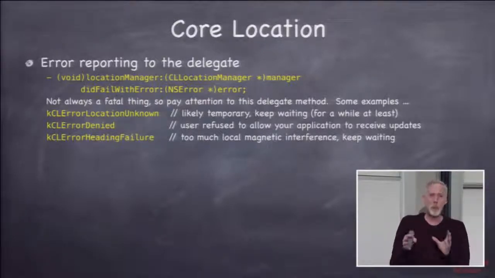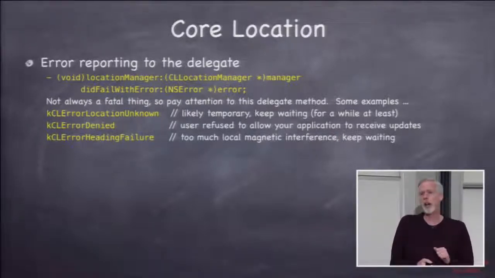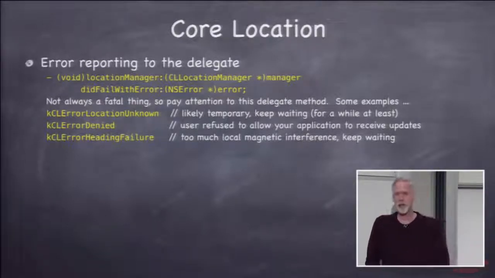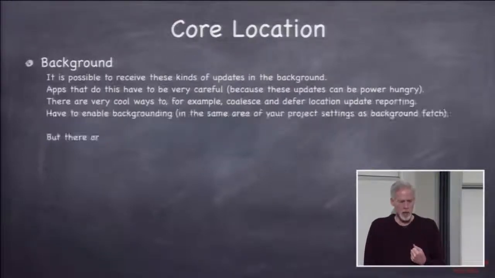Although even there, I probably want to check it, and if it keeps failing over and over, then I need to maybe get the user involved, okay? But here, you really want to check the errors. Okay, and again, for time reasons, I don't have time to go through the detail. There's more than just these errors that can occur, but there are certain things you need to do in certain of these errors if you want to really be a good Core Location app.